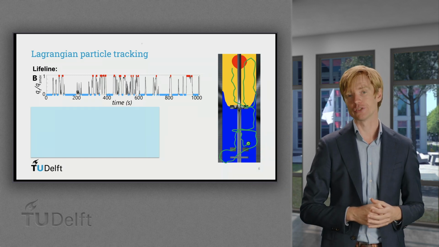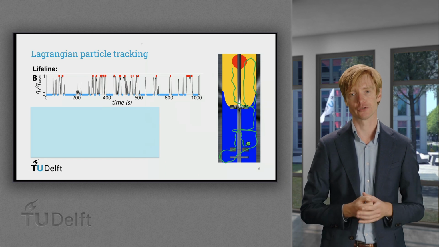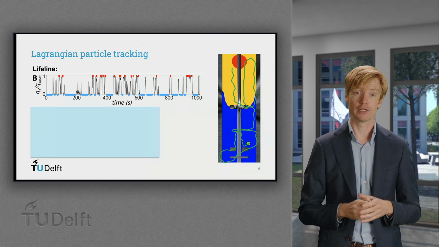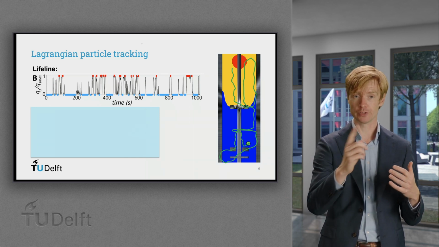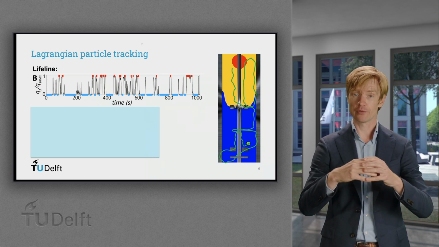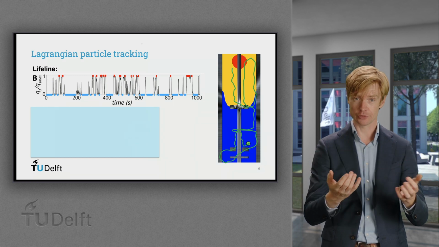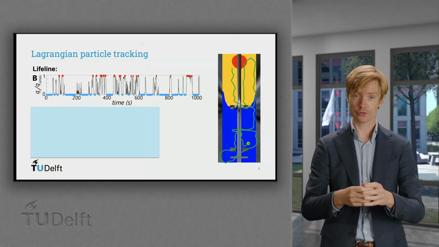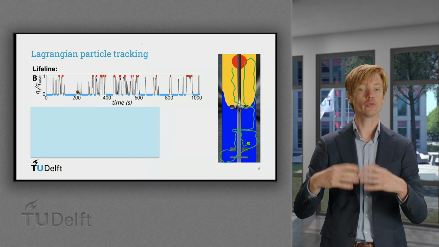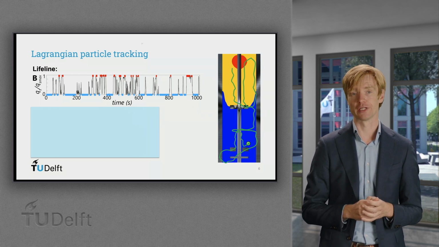In a CFD simulation, we may track thousands of particles in this way, and with many lifelines available, we can analyze how frequently cells transit between certain regimes, providing residence time distributions inside these respective regimes, which can be used to design a multi-reactor scale-down setup. But we can also conduct other types of analyses.